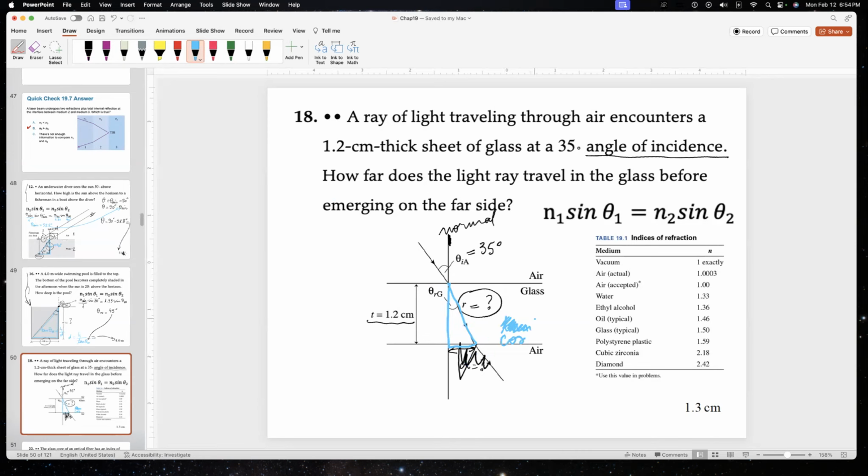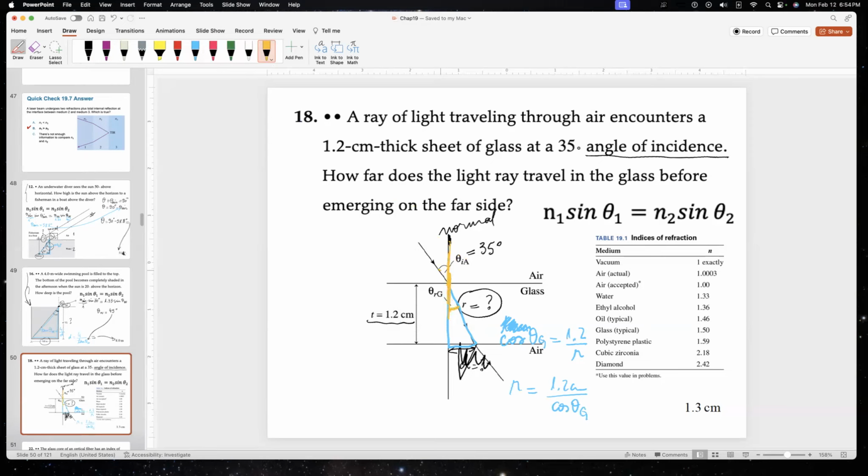Cosine of that theta on the glass is the adjacent side, 1.2 centimeters, divided by the hypotenuse R. So R is 1.2 centimeters divided by the cosine of that theta g. Okay, so I need this angle theta g, and it's an angle with the normal line, right? It's making this angle with the normal line here.